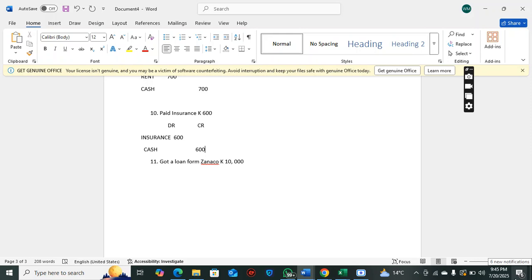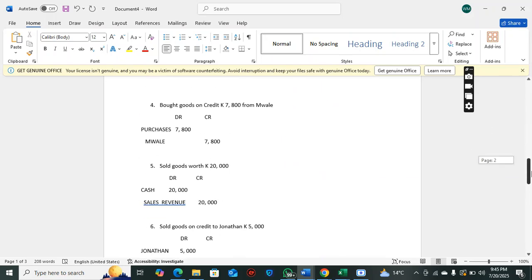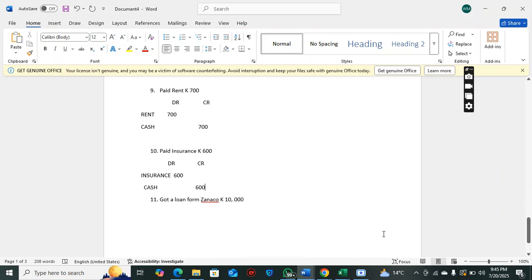The bank account is increasing because we've got some money. An increase in an asset, you debit. Bank is an asset. Zanaco is a liability. An increase in a liability, you credit. So you debit bank 10,000 and credit Zanaco 10,000.